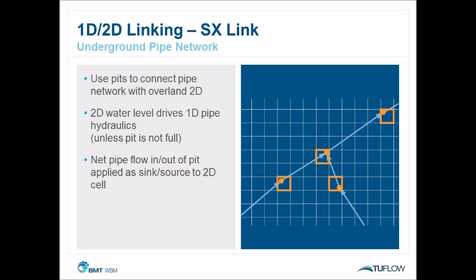If that pit is not full, then the water just pours from the 2D system into the pit, and the pipe hydraulics calculations will proceed from there. If that pit surcharges, that is, it's drowned out, then the 2D water levels will be driving the 1D pipe hydraulic gradient. And the amount of flow going in or out of the pit is simply applied as a single source to the 2D cell.